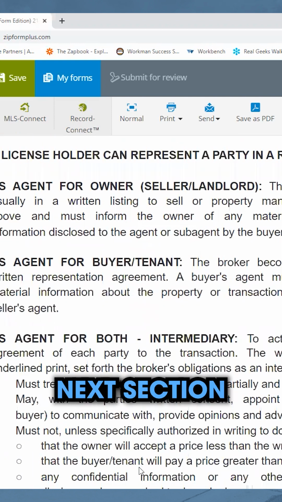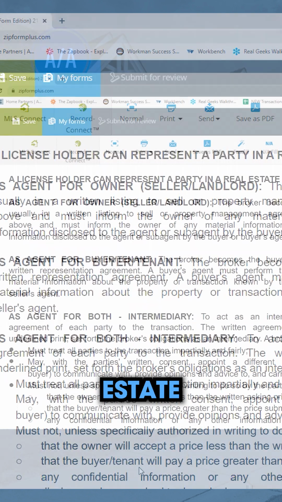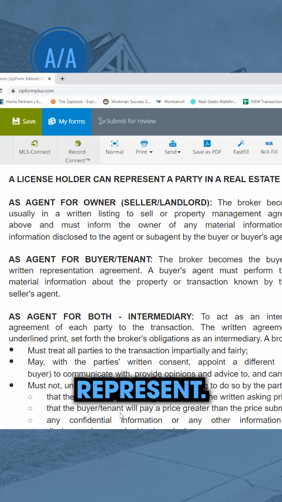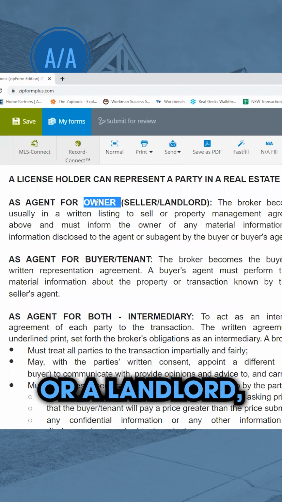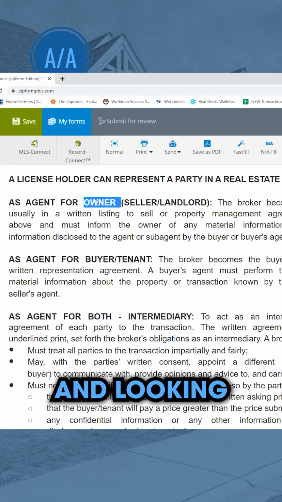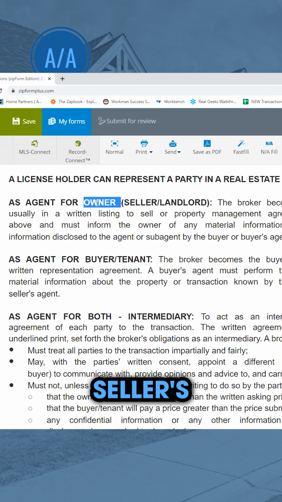Then I come to this next section and I explain to them that real estate professionals have different jobs depending on who we represent. When we represent an owner, a seller, or a landlord, our job is to help that seller or that landlord get that property under contract, get it sold or rented out, and look out for that seller's best interest, which generally speaking is to get them the most money for that property, right?